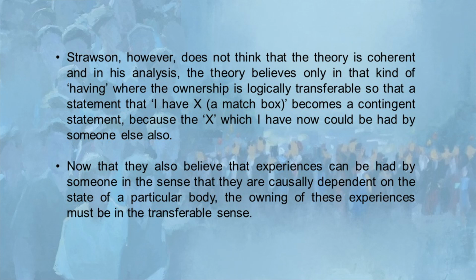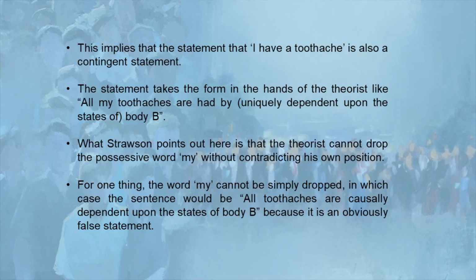The owning of these experiences must be in the transferable sense. This implies that the statement that I have a toothache is also a contingent statement. The statement takes the form, in the hands of our theorists, like all my toothaches are uniquely causally dependent upon the states of body B.